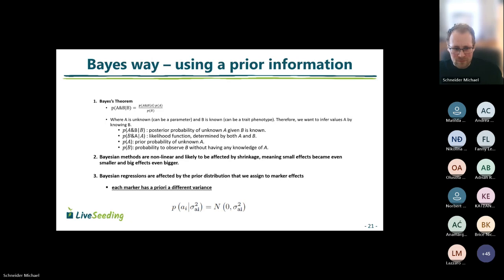The only thing we want to keep in mind in here is that, contrasting to these shrinkage methods we have seen, each marker in these Bayesian approaches has a different prior variance. And in the ridge regression, all markers have an equal variance.